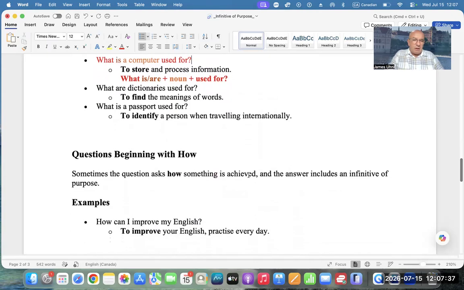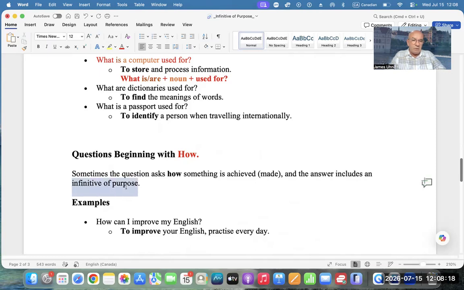Now we have questions beginning with how. As you can see, the infinitive of purpose with questions is quite large. Sometimes the question asks how something is achieved, made. Okay, let me use another word. And the answer includes an infinitive of purpose.